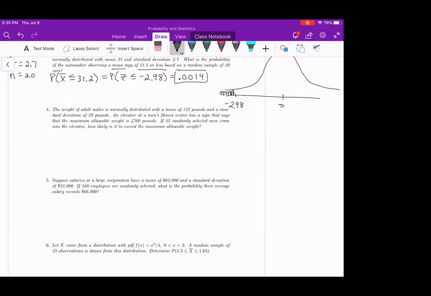So over here, you may start this the same way we've done previous ones, and that is by writing down what's given. So we know the average male weight is 172 with a standard deviation of 29. We are given later on that we're looking at a sample size essentially of 25. And then you've got this 4,700 pounds.